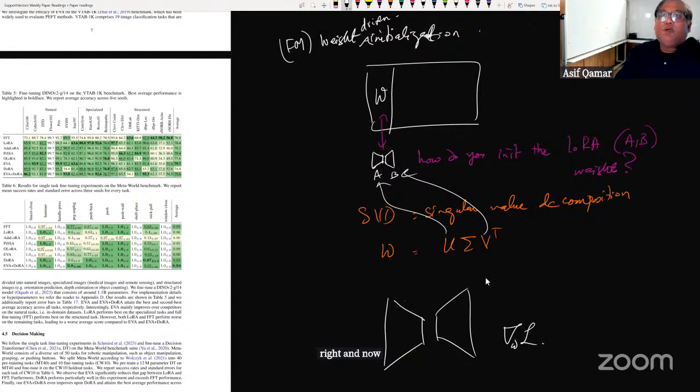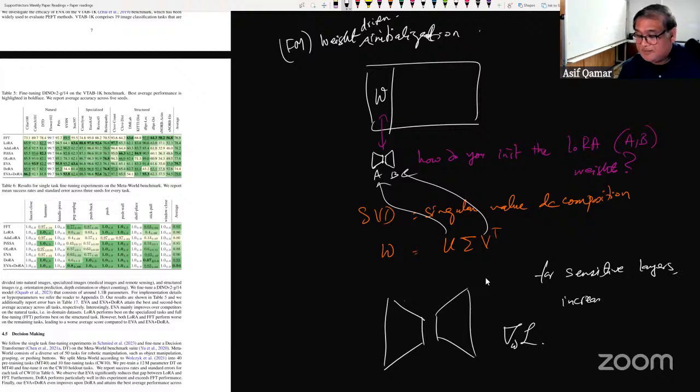And now, if you notice that in some layer, the weights are highly sensitive, the gradients are high value in absolute terms, what does it tell you? That layer has a lot to learn from the fine-tuning data, isn't it? So it makes sense that for sensitive layers, you increase the rank.